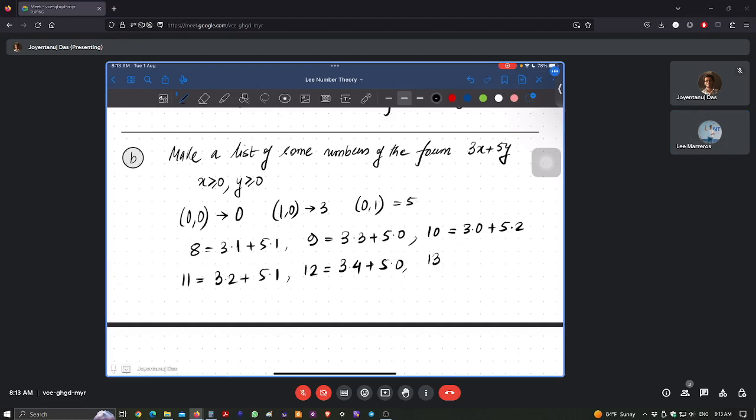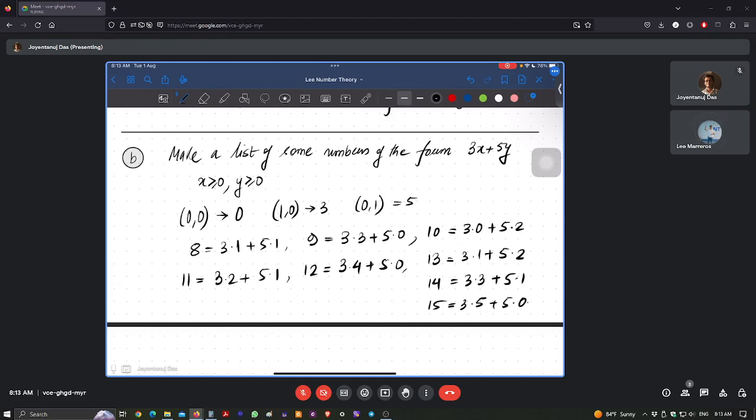What about 13? 1 times 3, 2 times 5. 14 we can get as 3 times 3 plus 5 times 1. And 15 also we can get easily, 3 times 5 plus 5 times 0, right?